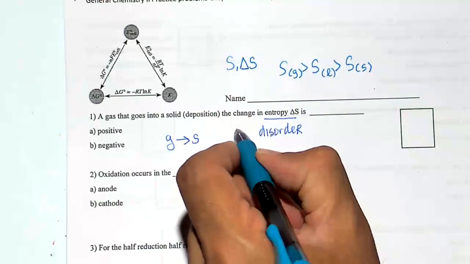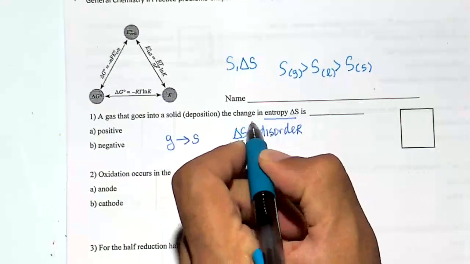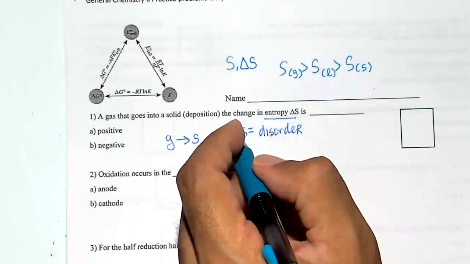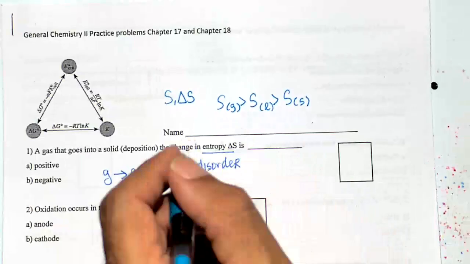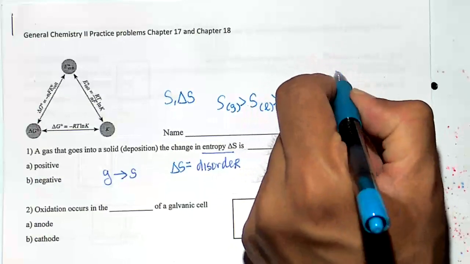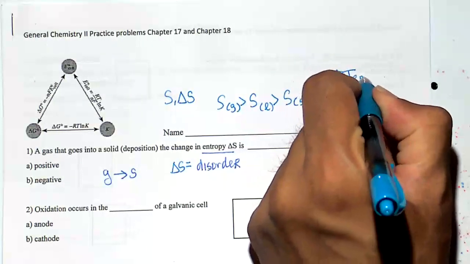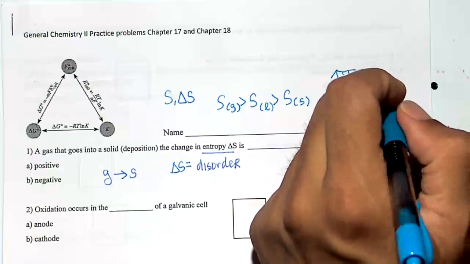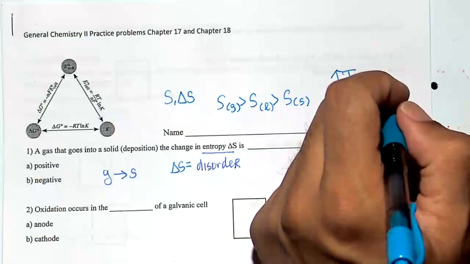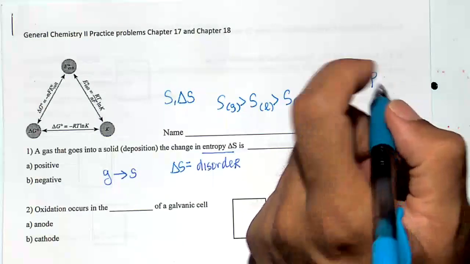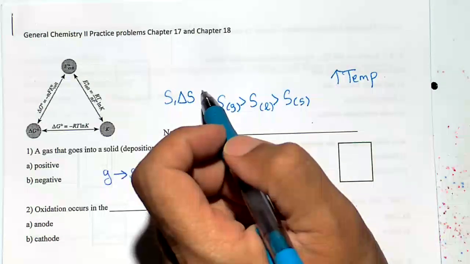So one thing I want you to know about entropy, not only is it related to disorder, this is a part of thermodynamics, but a couple of things lead to an increase in entropy or disorder. One of them is increasing the temperature. This should make sense. If you increase the temperature, there's more motion, there's more collisions. Entropy is all about motion. A solid doesn't have a lot of motion.